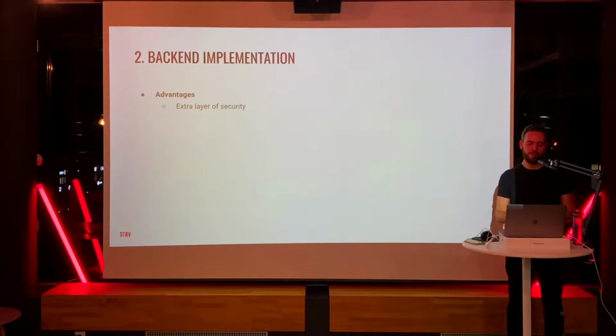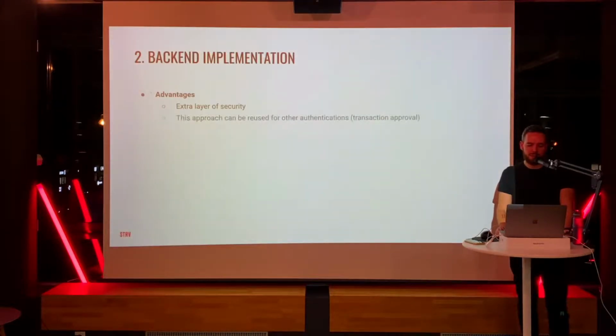So you don't even have to associate them with a particular user or device. It's a similar process, but the creation of the keys happens on the backend. Maybe safer than doing it on a device. And then this approach, as I mentioned, can be reused for other authentications. Transaction approval can be one of them, which is good because this will save resources in the future to have something that you can reuse.